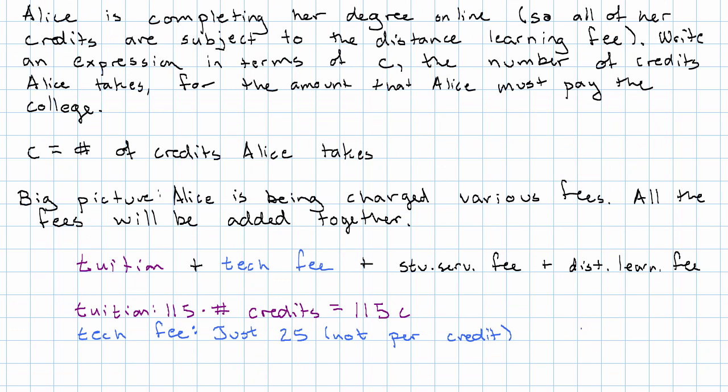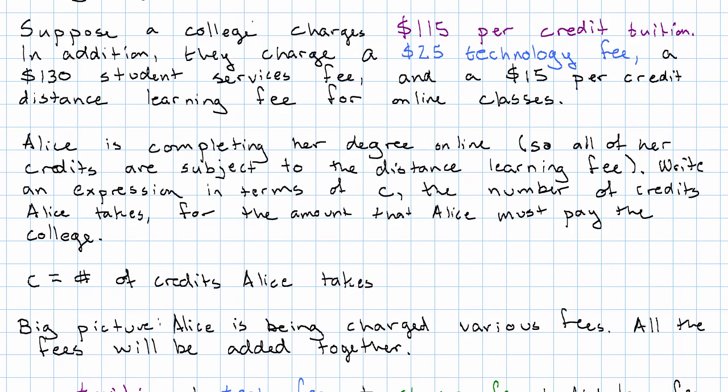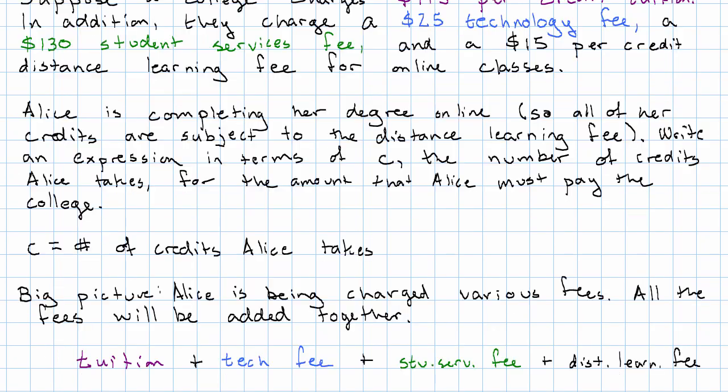So the technology fee is just 25. No C, because it doesn't matter how many credits. Okay. The next fee is the student services fee. I'm going back to the story again and looking for the information about the student services fee. And the story is telling me that that's $130. Again, not per credit, just flat.